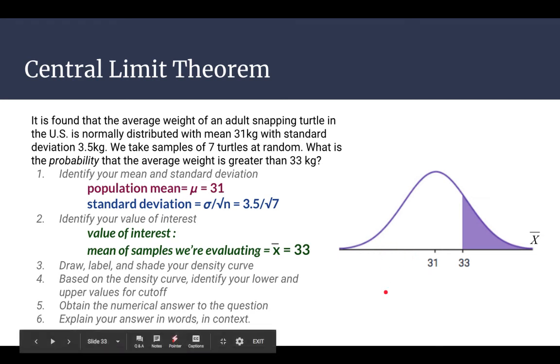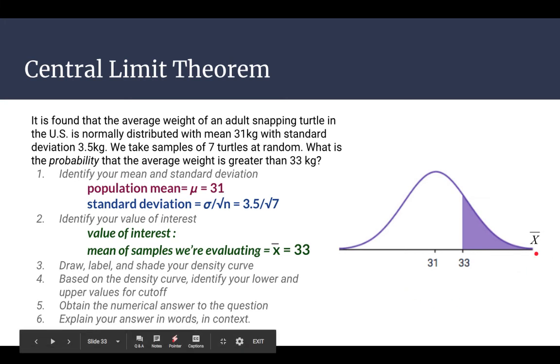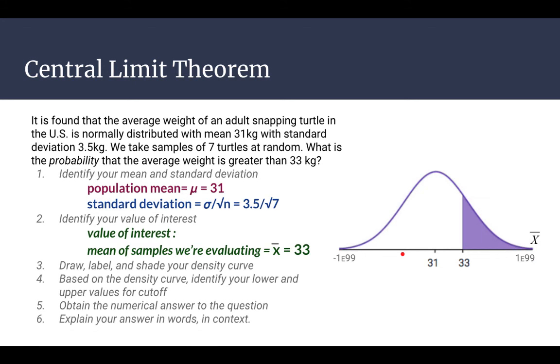We are going to go forward with using normalcdf, so I only expect to see 2 values, your population mean and your value of interest, along with the associated label for your x-axis. Now remember that your x-axis always goes from negative infinity to positive infinity, and we denote this using negative E99 and positive E99.